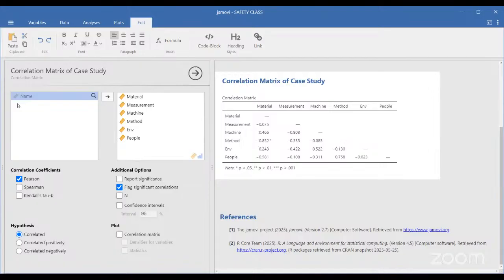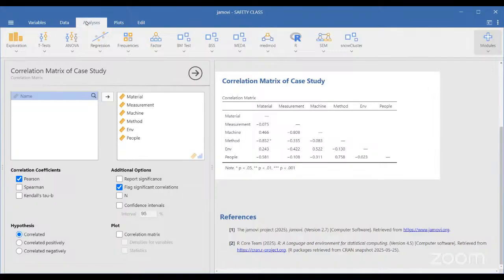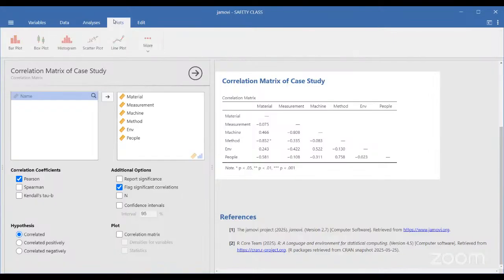Now, Farah, you click analysis. Sorry, you click the plots. That is box plot.